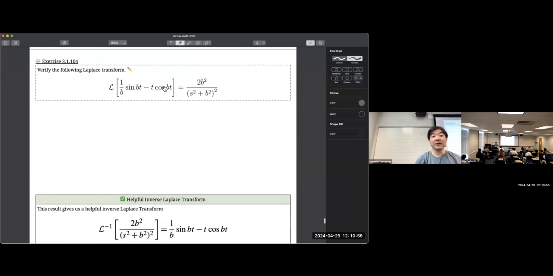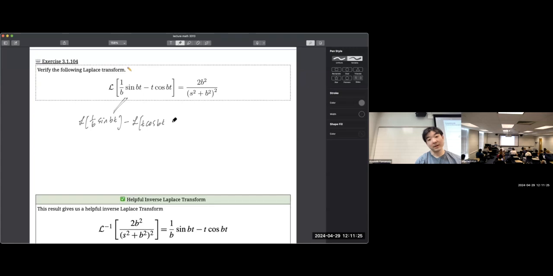This one isn't even asking for an inverse Laplace transform. It's just saying compute the Laplace transform of this thing and confirm that it's equal to this. And then we'll later use this result in computing other inverse Laplace transforms. We know from before, going back to the previous section, that this is the Laplace transform of 1 minus b sine of bt, because you could split this into two Laplace transforms because they're just subtracted.